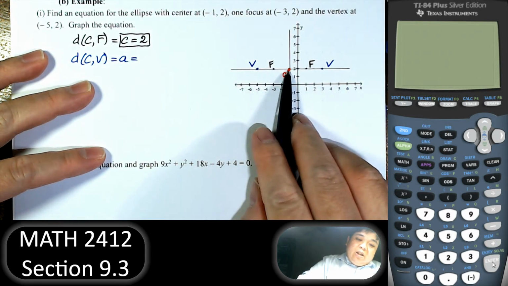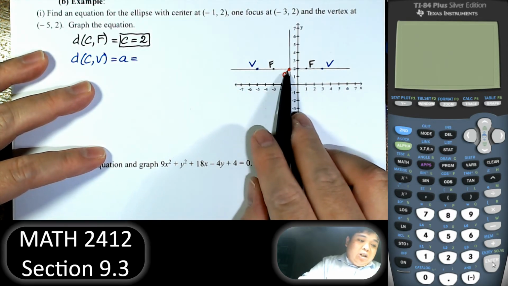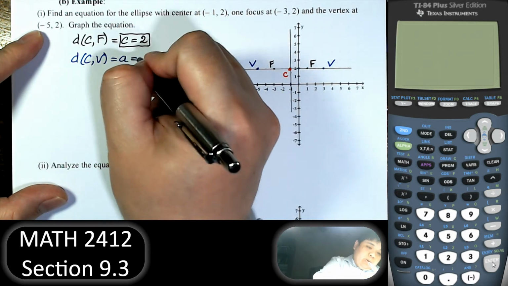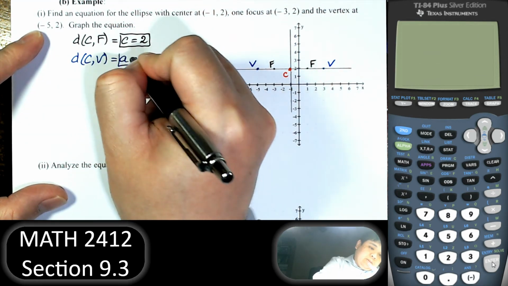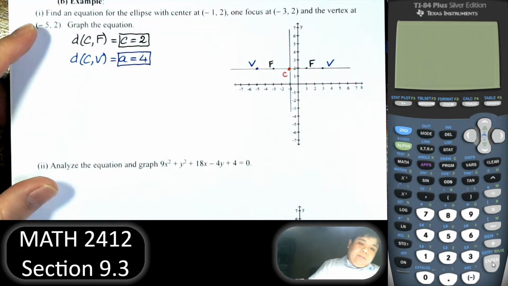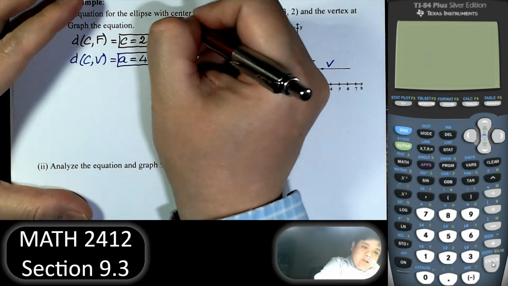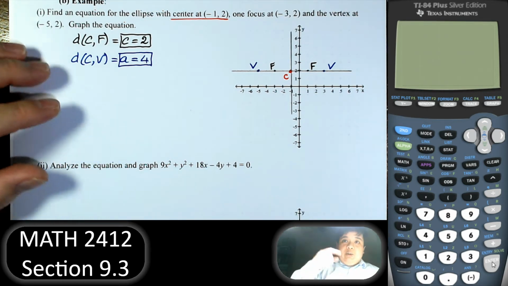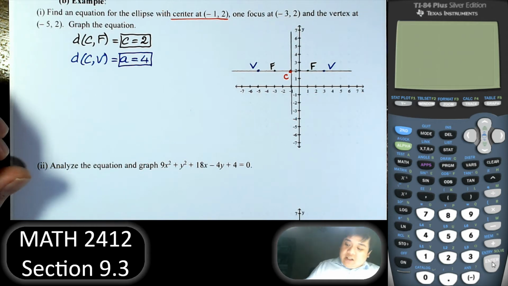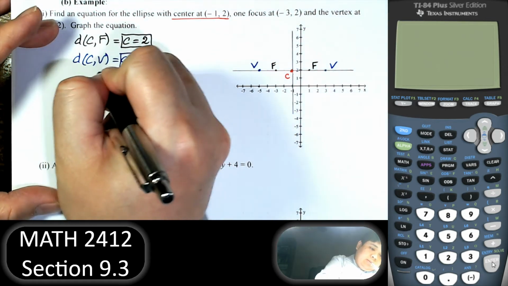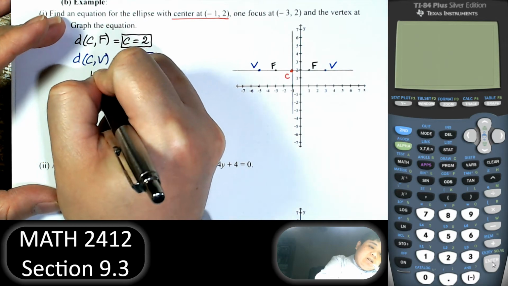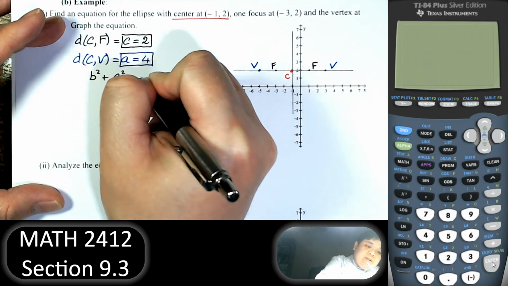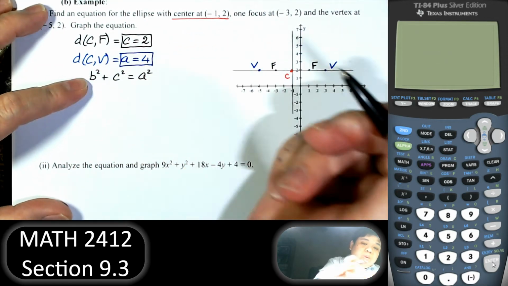From -1, 2 to -5, 2, it's going to be 4. And this one we know, the center is -1 and 2. Right. We have A, we have C. Let's just find B, which will be the distance on the minor axis. A is the biggest number, so it will stand by itself. So we can find B.